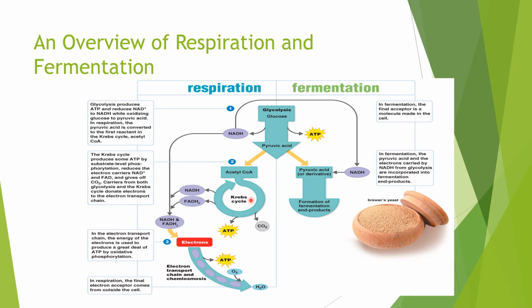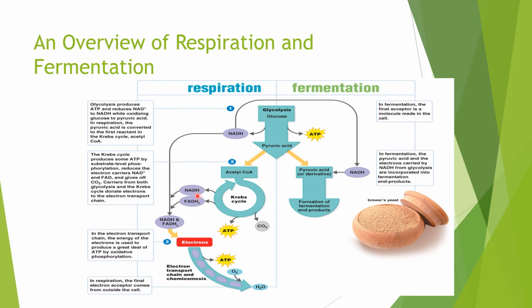Those lost electrons are going to be picked up by NAD and FAD, and when NAD and FAD gain those electrons, they're basically going to become NADH and FADH2. So NADH and FADH2, you can think of them as electron collectors. They collect all of these electrons lost by glycolysis and the Krebs cycle.